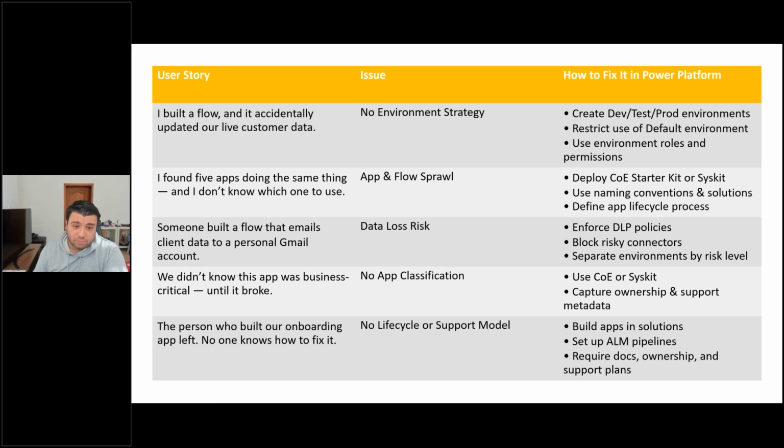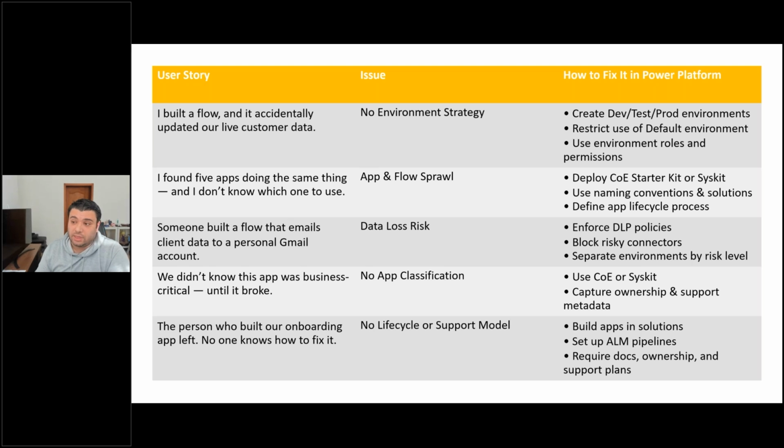But the Power Platform admin, or the Power Platform governance today, is still growing, still becoming mature. It's not the same as Outlook, which is 22 years old. We are still learning and building and bringing those experiences and features into the admin center. I'm not going to go again into all those details, but just so you know, if we go for the first one, no environment strategy, well, that's easy.